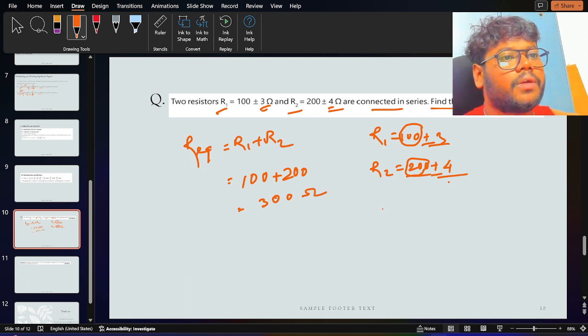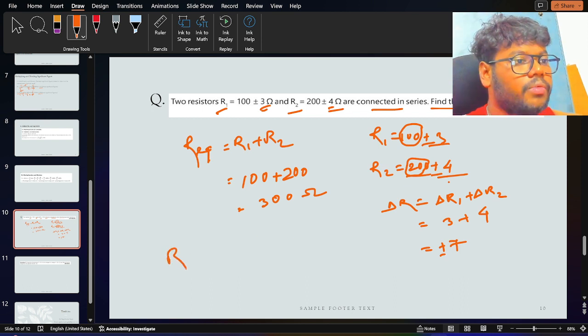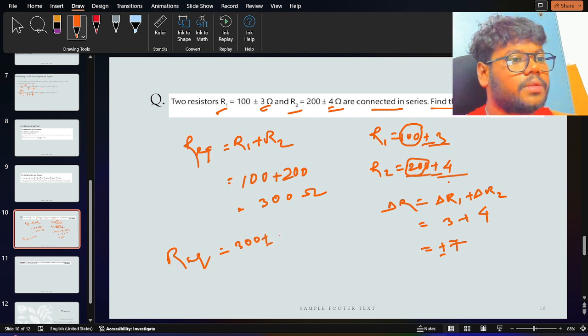For simple addition, the net error would be delta R1 plus delta R2, that is 3 plus 4, which is 7. So we'll have plus or minus 7 in the final quantity. R equivalent with error would be 300 plus or minus 7 ohm. Okay, great.